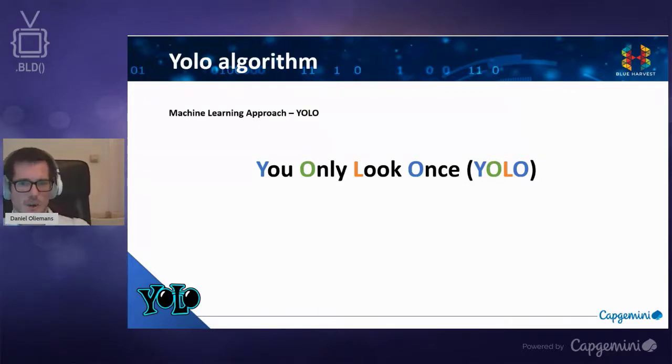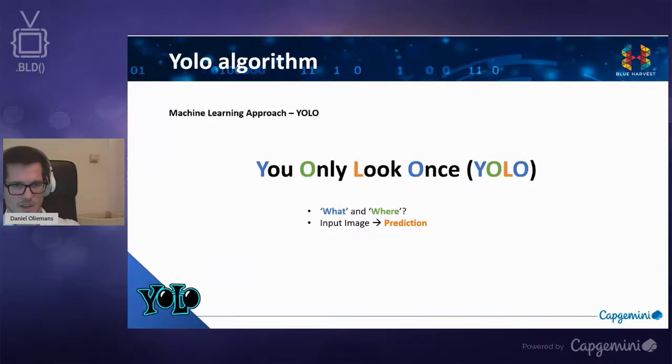It is an object detection algorithm, and it helps us to answer the questions what and where in an image. In short, this means that we feed an input image to YOLO. It will use something called a convolutional neural network to generate predictions of what objects are present in the picture.